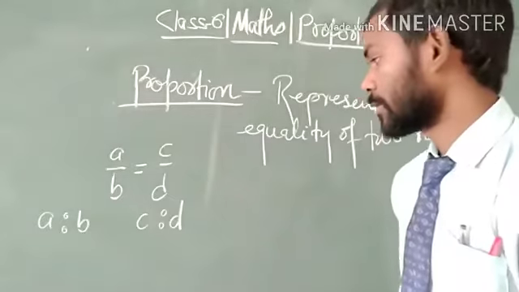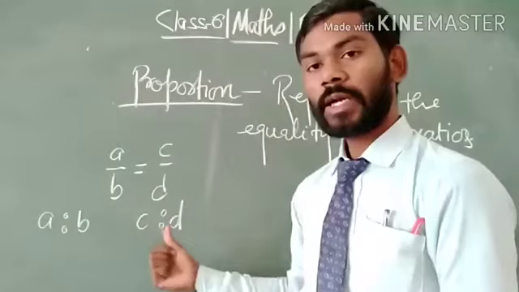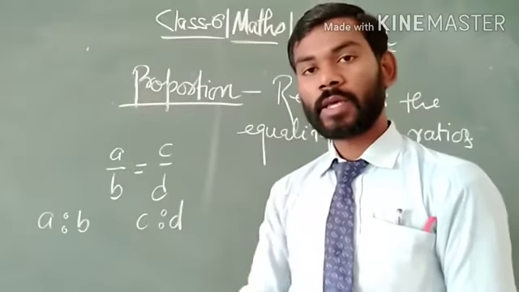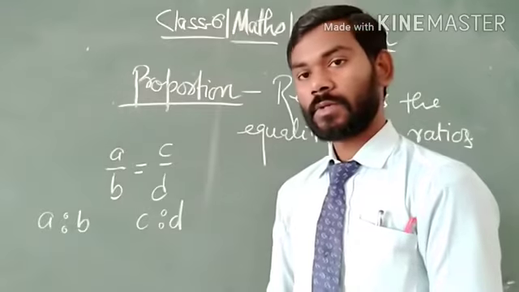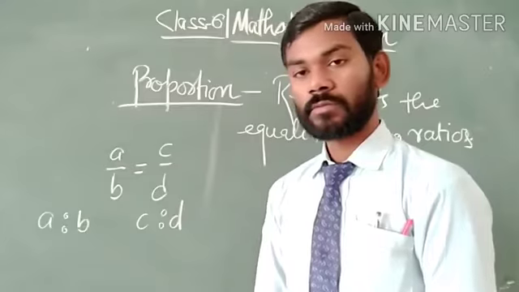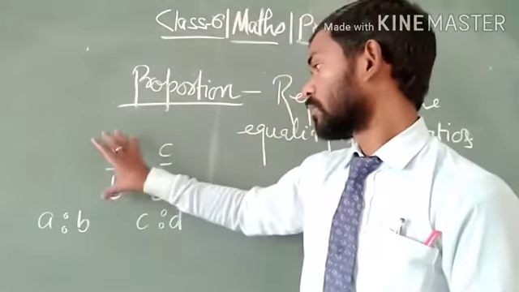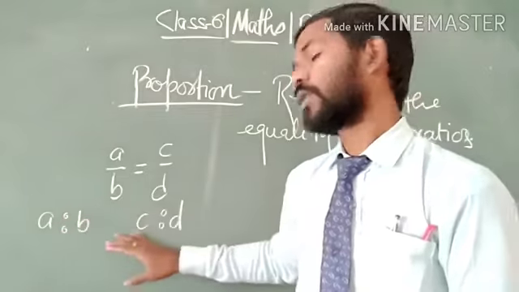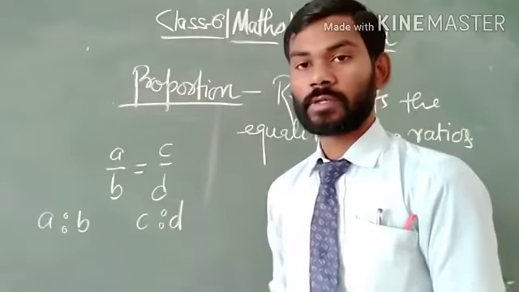Here A, B, C and D can be any four integers or any numbers. They are said to be in proportion if their ratios are equal to each other.